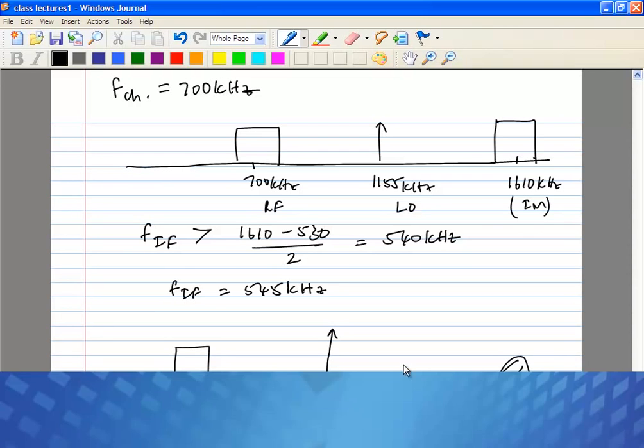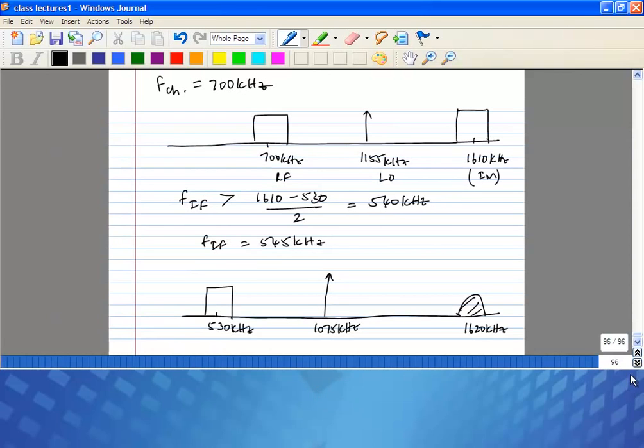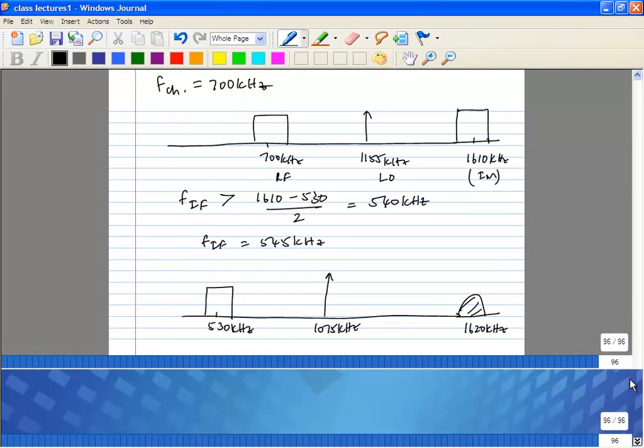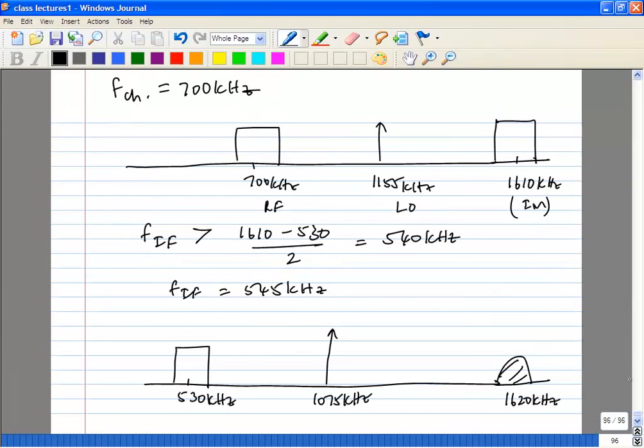So what that means is, we know that, so let's start using some colors. So this is your band select filter.